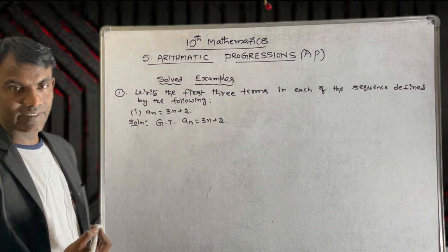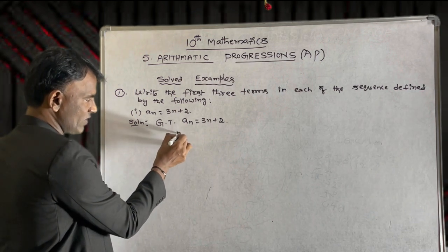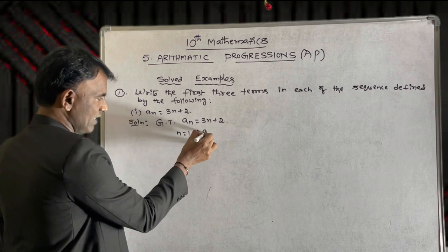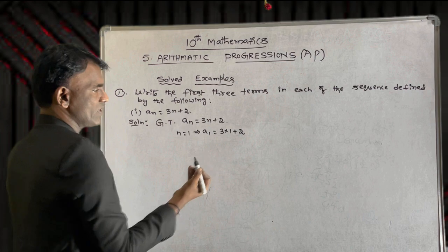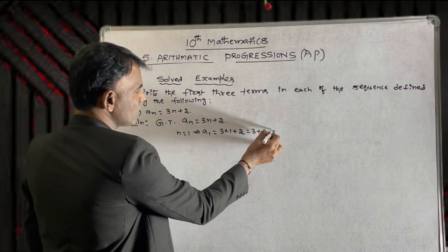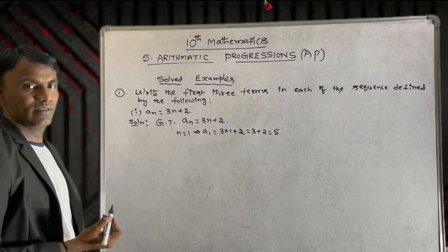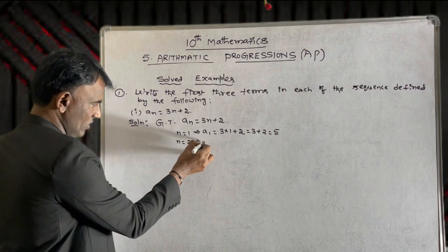a1, a2, a3. Now how to find the a1 value? If we substitute n equal to 1, then we get a1, correct? So 3 into 1 plus 2. 3 into 1 is 3. So 3 plus 2 equal to how much? 5. And if you want the second term, just substitute n equal to 2.